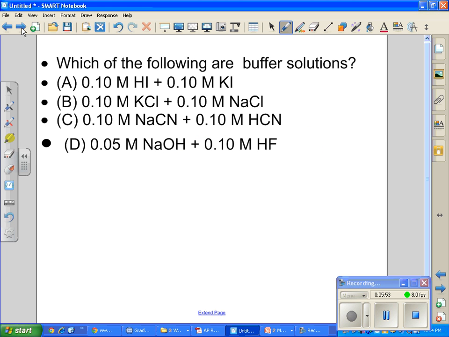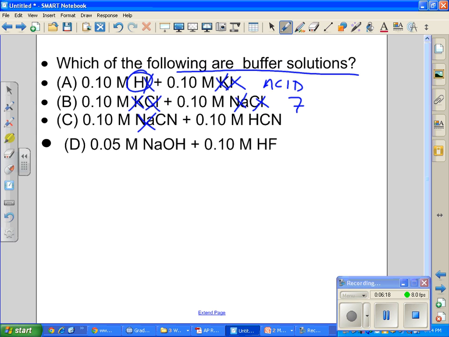If we look right here, which of the following of these are buffer solutions? Well, heartbreakers, gone, gone, gone. The only thing I have is a solution with H plus, so that's a very acidic solution because it's a strong acid. If I look here, heartbreaker, heartbreaker, heartbreaker, heartbreaker, so that basically is going to be salt water, pH of 7.